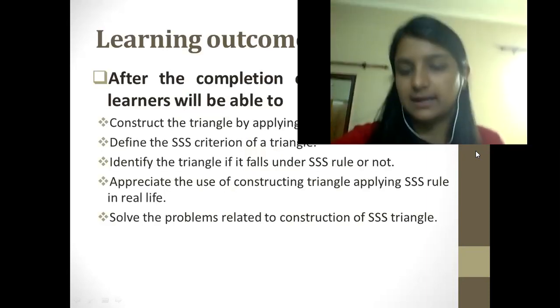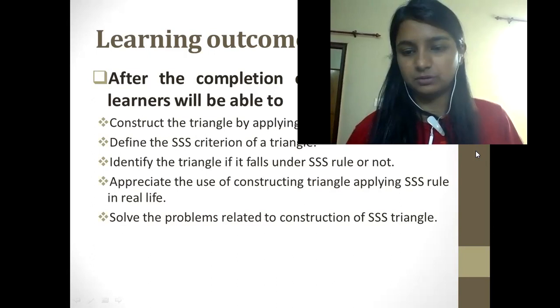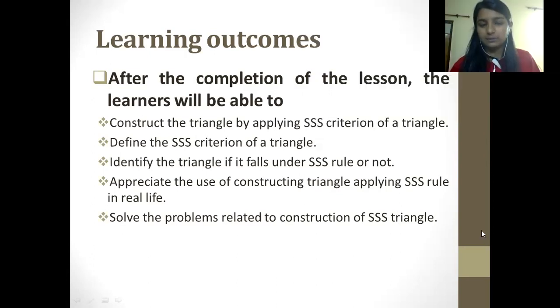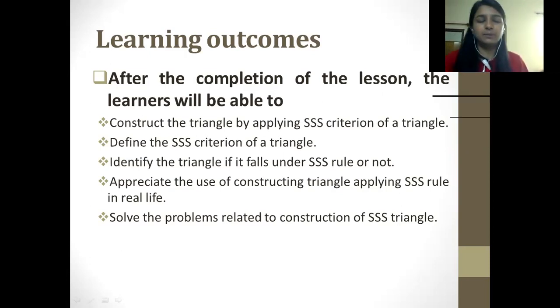Before starting with the class, let me tell you the learning outcomes for today. After the completion of this class, you would be able to construct a triangle by applying the SSS rule. Then you will be able to define the SSS criteria for a triangle. Then you would be able to identify whether a triangle falls under the SSS rule or not, and differentiate between them.